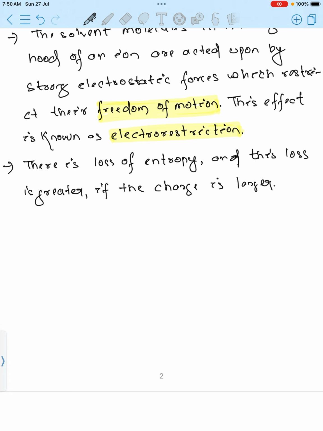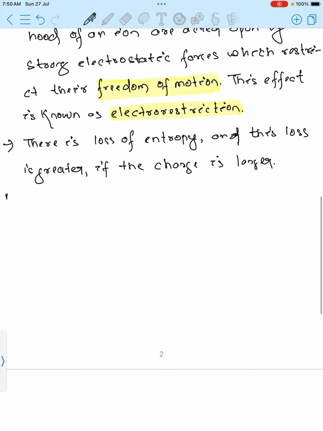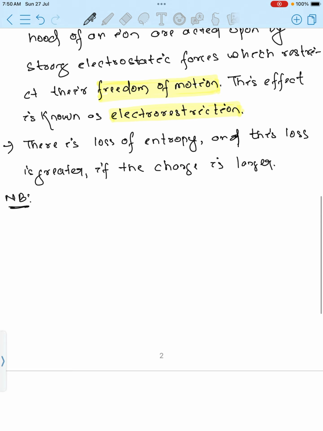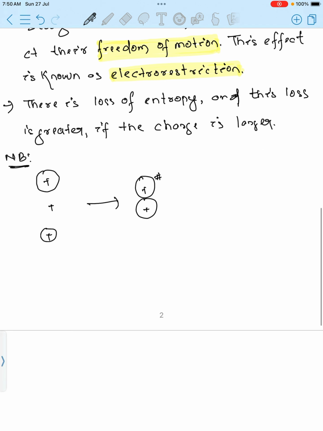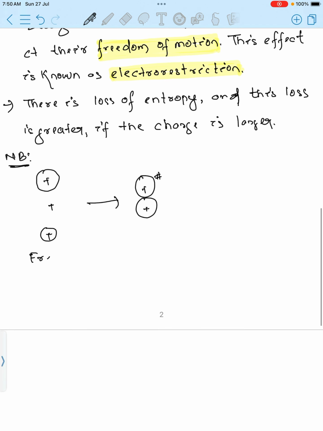Okay, but you can note down something. Here the ions were free, but when they form the activated complex, they remain intact. That means the ions initially, when they were not forming the activated complex, were more free in nature.